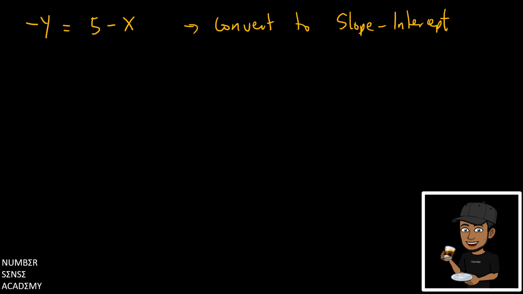This is a negative y, and that's not slope-intercept. So again, I'm going to do a bit of manipulation. I could switch sides with these values, or I'm just going to divide by negative 1. Let's just divide by negative 1.